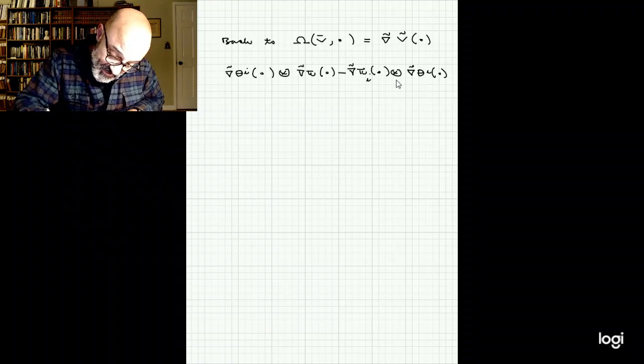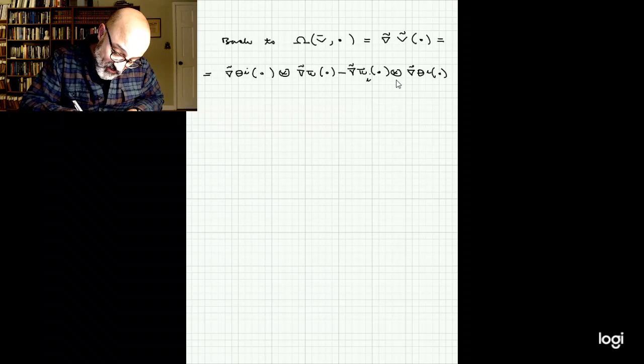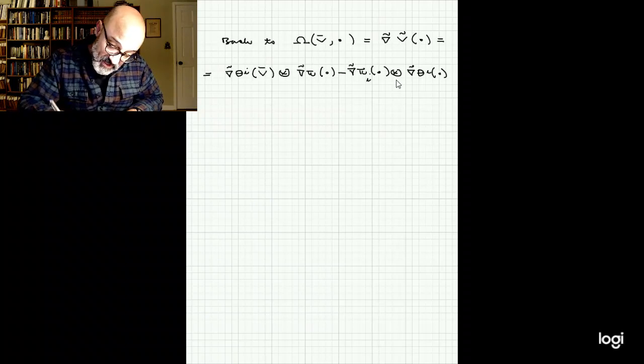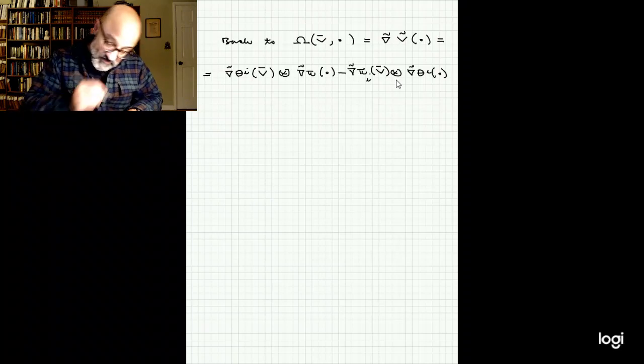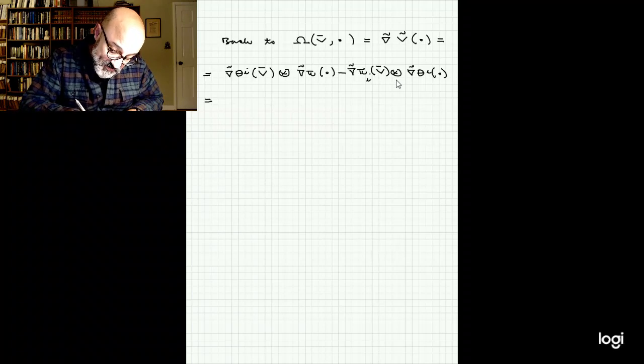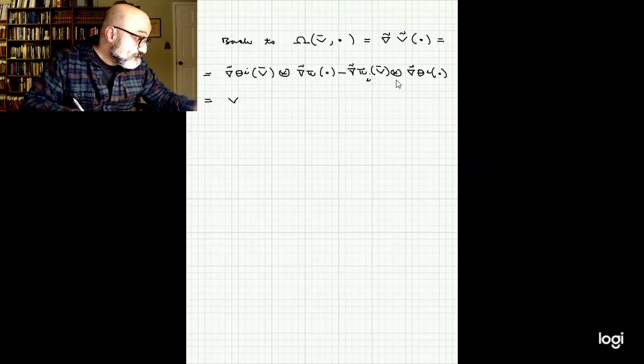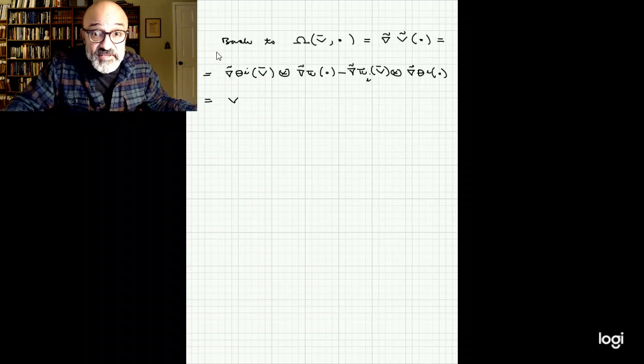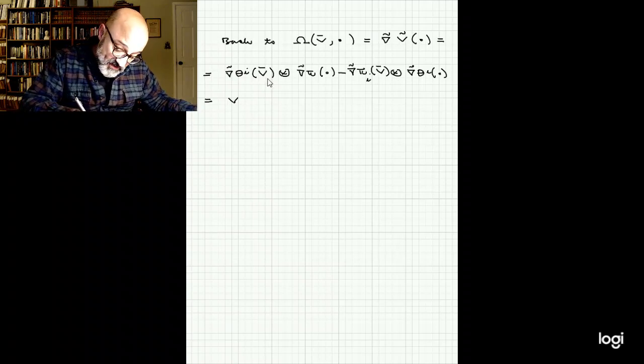So this is all the same here. And if now here we put the v, and here we put the v, what we have on the left hand side is v1 alpha, and then we have the gradient of pi, minus v2 alpha gradient of theta.